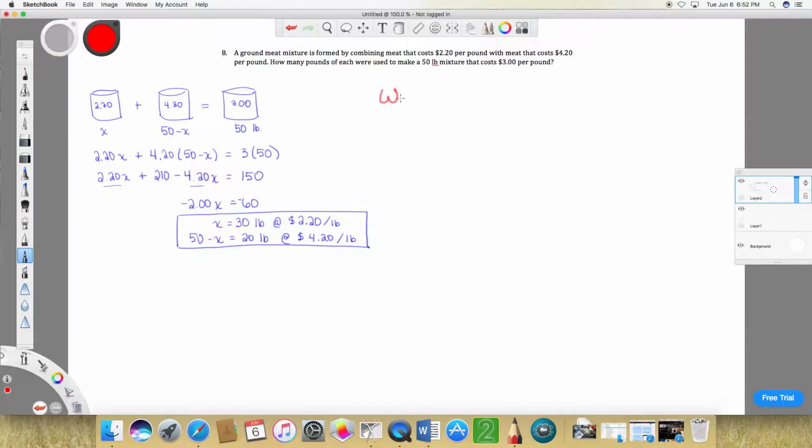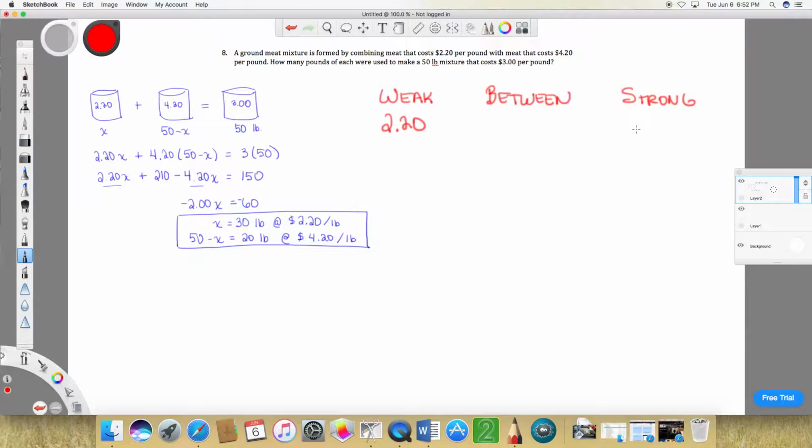So let's identify, not the concentration, but the amount for the weak, the in-between amount, and the strong amount, the most expensive. This was $2.20 per pound.